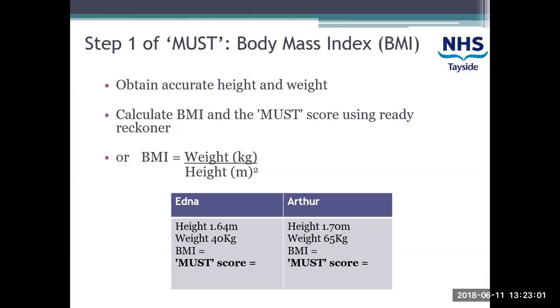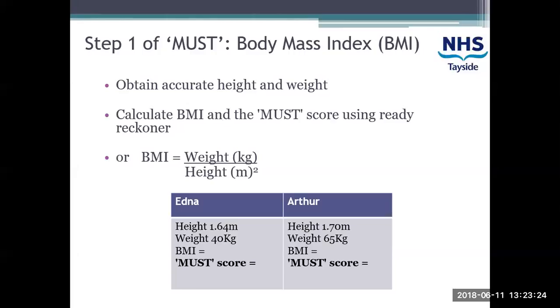That gives you a figure, which I think is around 2.68. Then you use your weight in kilograms divided by that figure, 2.68, and that would calculate your BMI score.